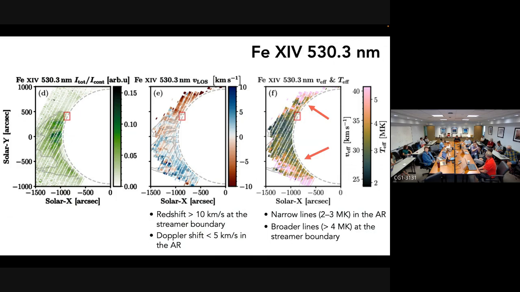So I would say there might be overlap of both open and closed field structures along the line of sight at the boundary of those regions, which increases the line width a little bit. But I will show later that the line widths in the open field and closed field are pretty different. In the open fields, usually you would expect larger total line widths.